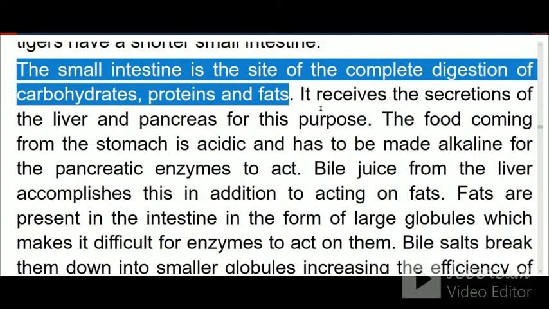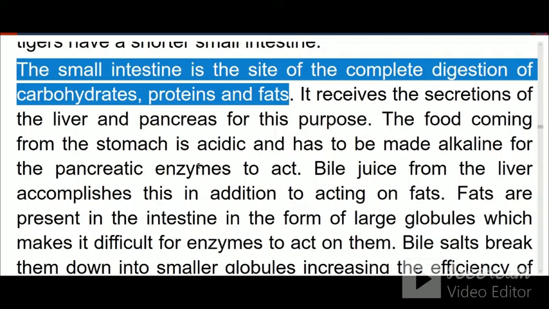It receives the secretions of the liver and pancreas for this purpose. So in the small intestine there are three more enzymes that are secreted for complete digestion, and those enzymes are provided by the liver and pancreas.